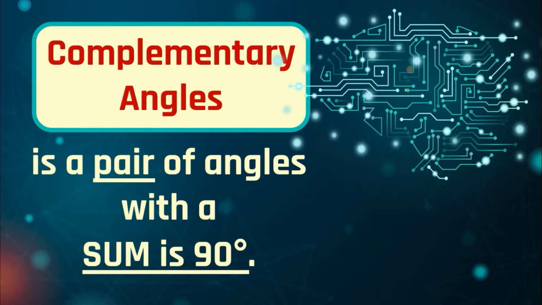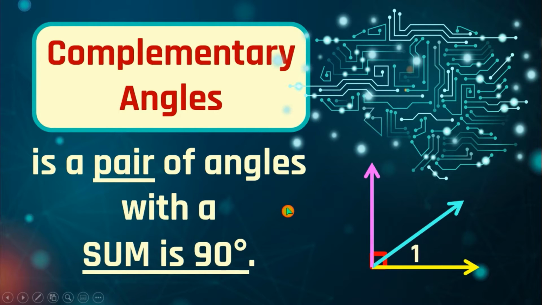Complementary angles are a pair of angles with a sum of 90 degrees. So in here we can say that angle 1 and angle 2 are complementary angles because if we add their measures, they form exactly a right angle or 90 degrees.